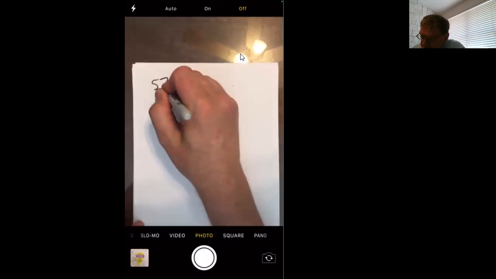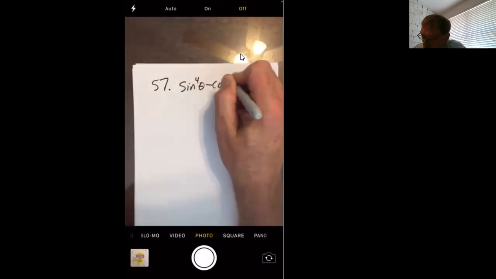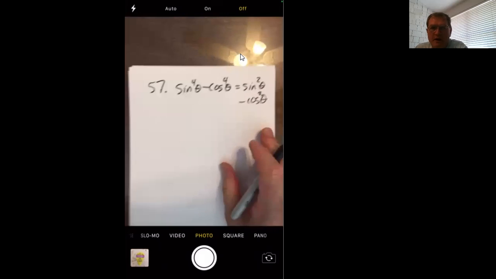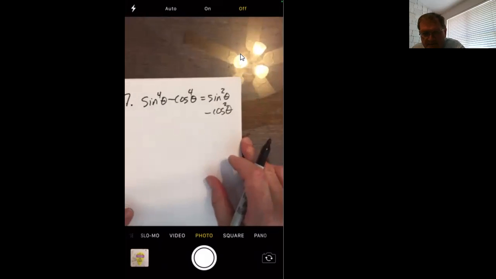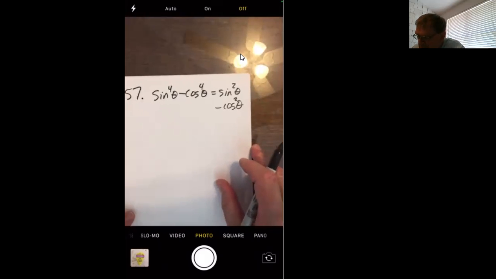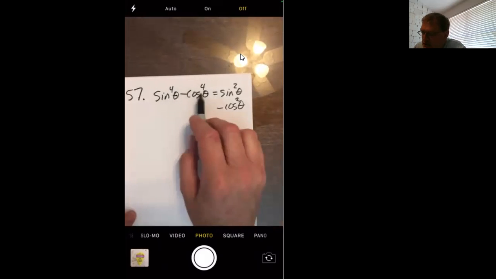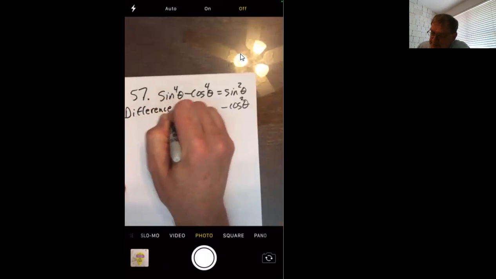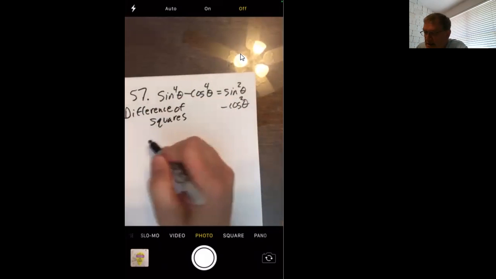57. Sine to the fourth of theta, subtract cosine to the fourth of theta, equals sine squared of theta minus cosine squared of theta. I don't know how much gibberish this looks like to you, but honestly, I've done a few of these. Whenever I see perfect squares, even powers subtracted, I think difference of squares, which means you'd add and subtract the square roots.